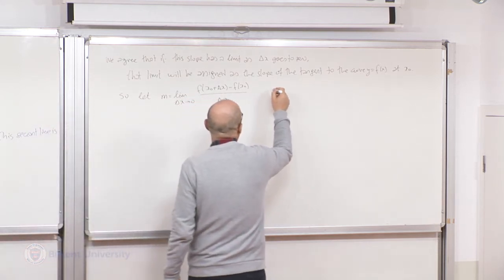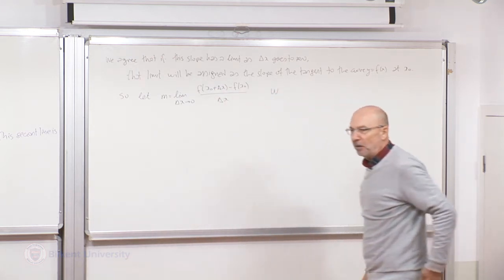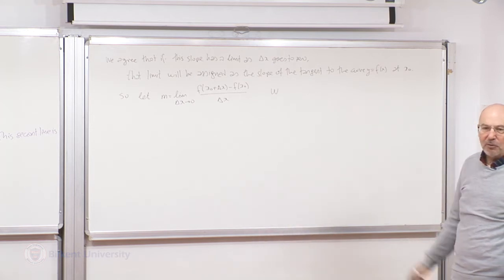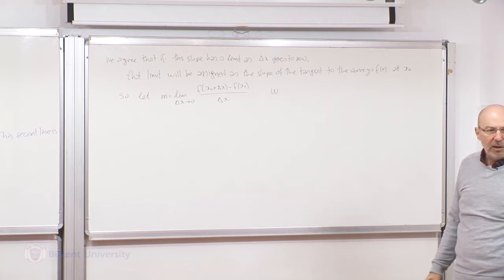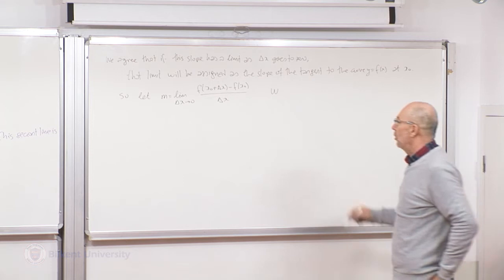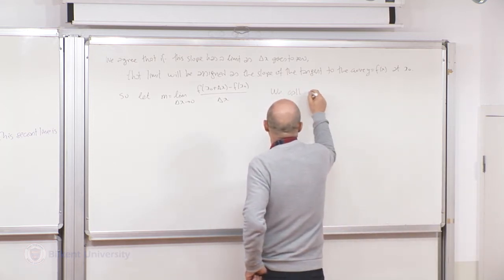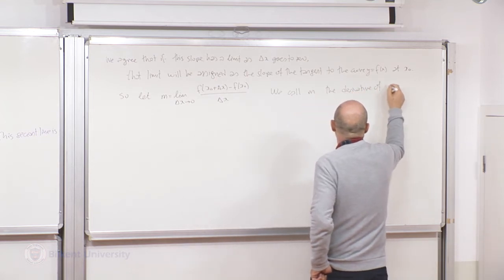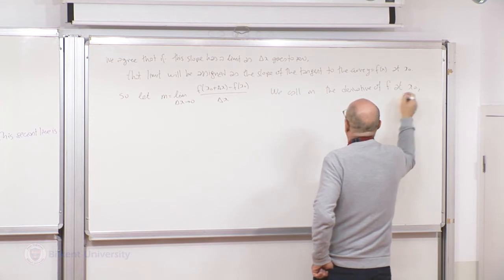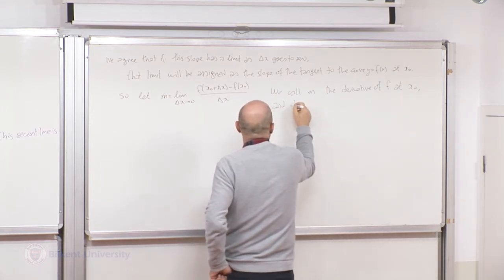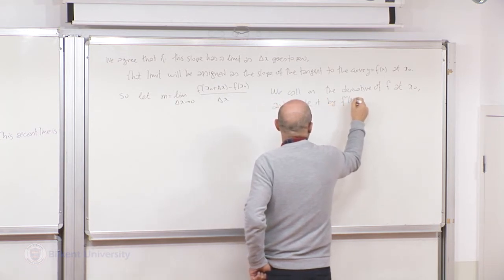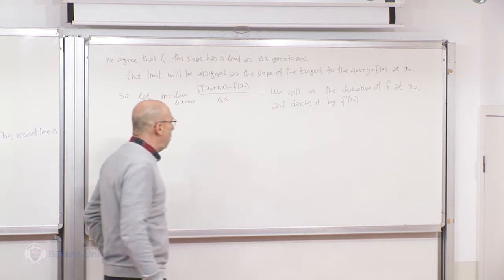Since for different functions we will obtain different limits, instead of calling them all m, we want to show that this m depends on f. We call it the derivative of f at x sub 0. So we call m the derivative of f at x sub 0 and denote it by f prime of x sub 0.